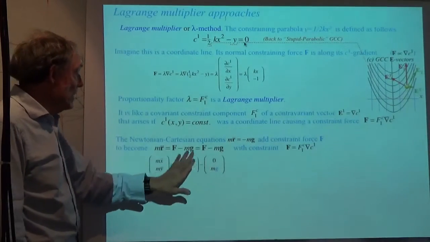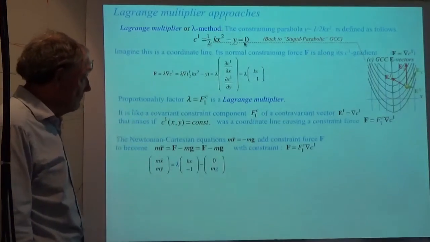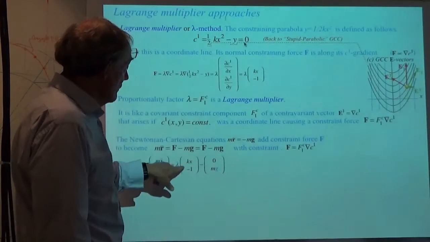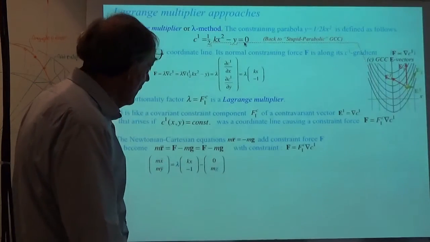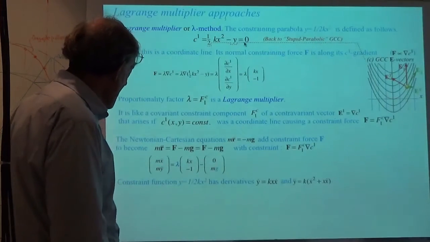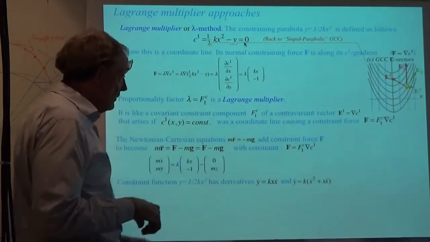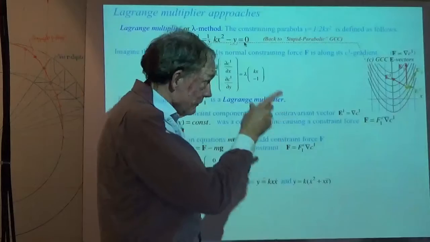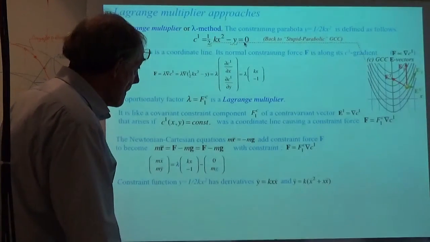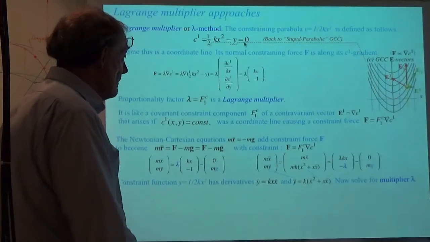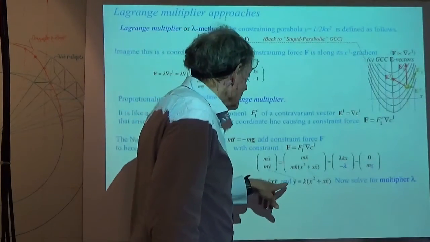Here's what it would be without any constraint. It would just be gravity in the y direction. X would just drift. And now we got this. Okay, and there's something as function of x, so that makes it non-trivial. Right? Constraint function, 1/2 kx squared has these derivatives. That's what we had to do before when we did the very first method. And we can stick those into the equation of motion.